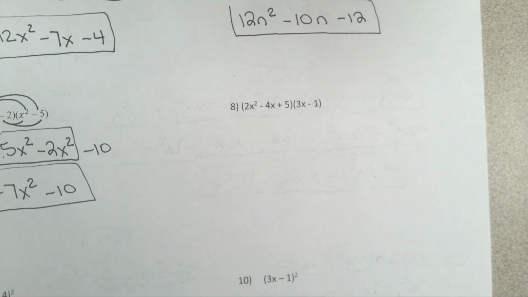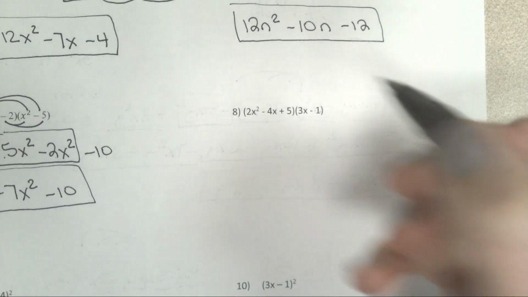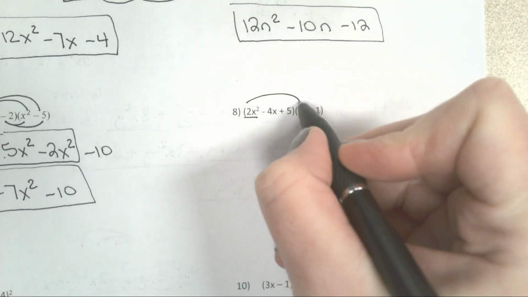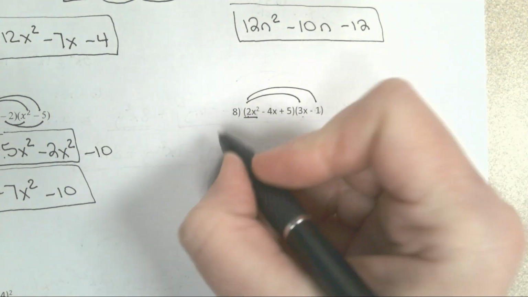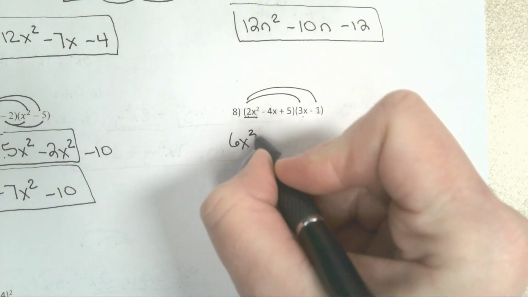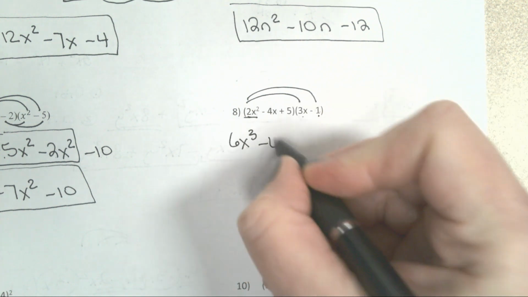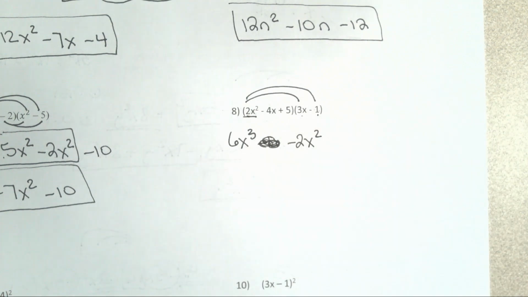Number 8 is just longer. If you multiply it correctly, you should wind up with 6 terms before you start combining them. So start off with your 2x squared, and it gets distributed. 2x squared times 3x is 6x to the 3rd. 2x squared times negative 1 is negative 2x squared.